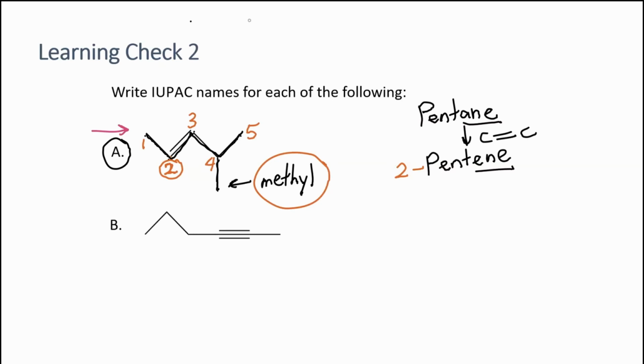Now the methyl group is on the 4th carbon atom. So I can write this as 4-methyl-2-pentene.